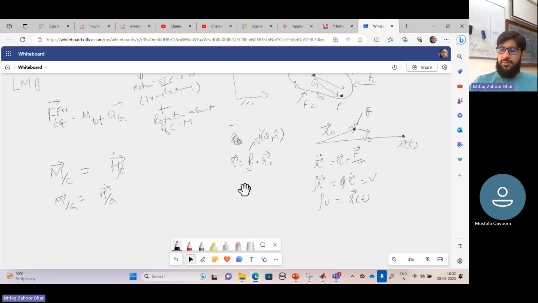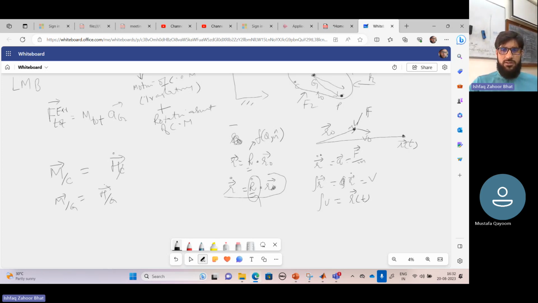And then I may say that this n is continuously changing. So you can say that we have R dot, which is equal to R dot times R naught. Sorry, R, at any instant of time. So you can say that I will integrate this to get this. But the point is how you are going to calculate this R dot.